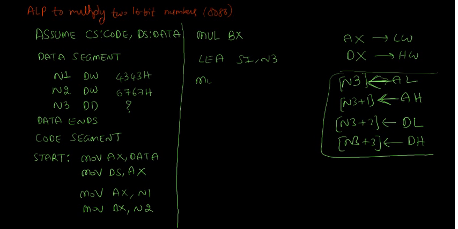Then you can use the move operation, move the content of AL to the SI location. Sorry, AX, simply you can use AX, so that SI will be loaded with AL, SI plus 1 will be loaded with AH. Then the next location is SI plus 2, that is DX.